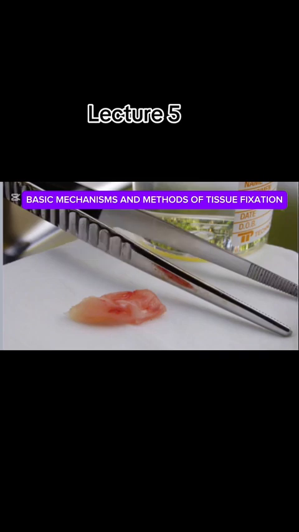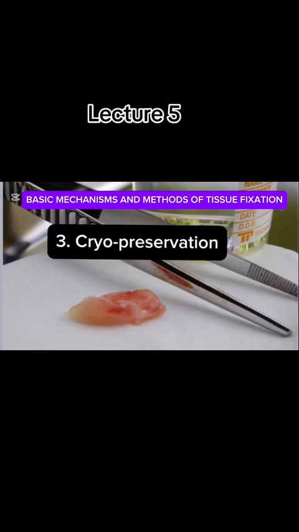Number 3, we have cryopreservation. Under cryopreservation, it involves rapidly freezing tissue to prevent molecular movement and preserve its native state. So cryopreservation, we can also call it cryofixation or freeze drying. So it's commonly used in histochemistry or immunofluorescence and electron microscopy to study enzyme activity and antigen-antibody interaction.